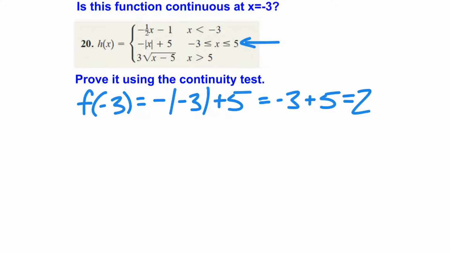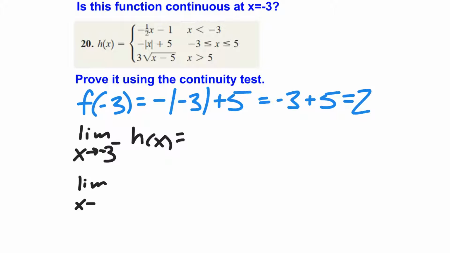Having completed that, you then proceed to figure out the limit from the left and the right to find the actual limit at negative 3. So the limit from the left, as I approach negative 3, which equation am I using if I'm coming from the left side?